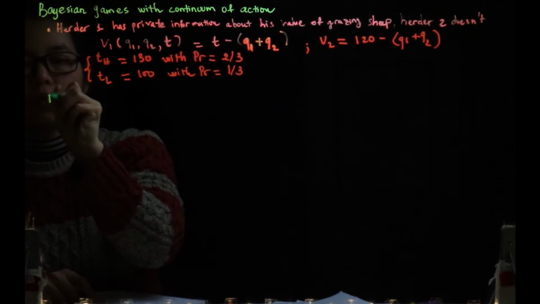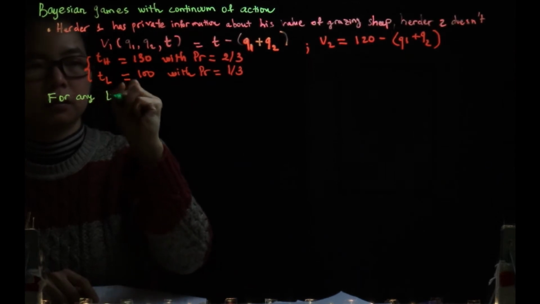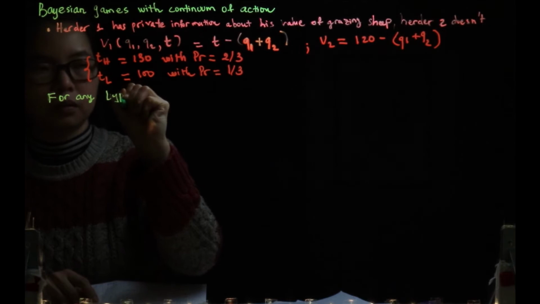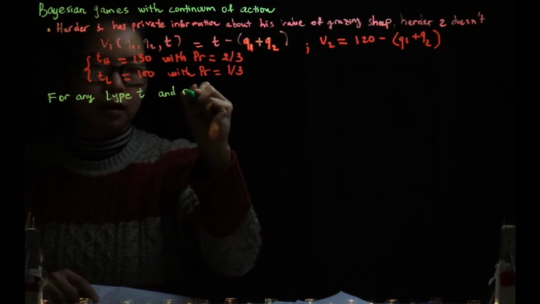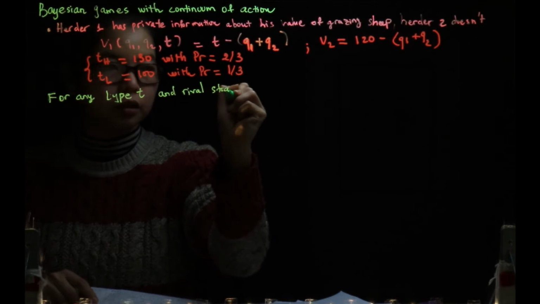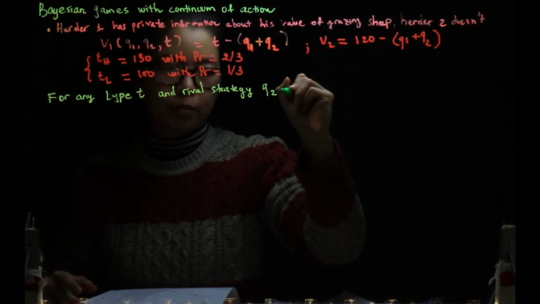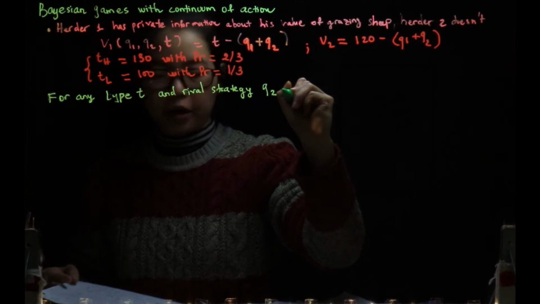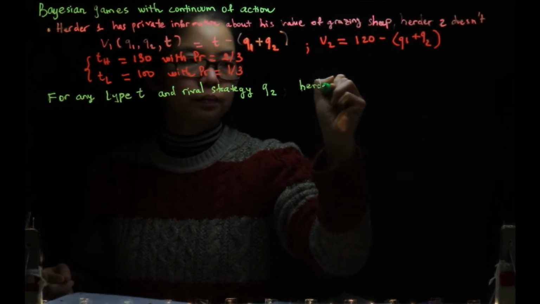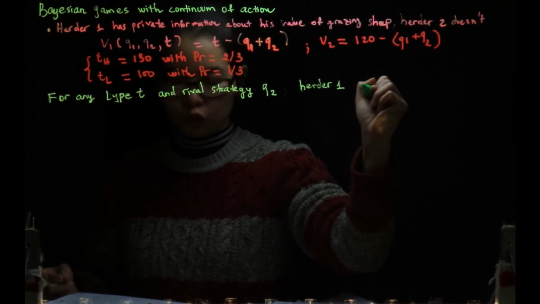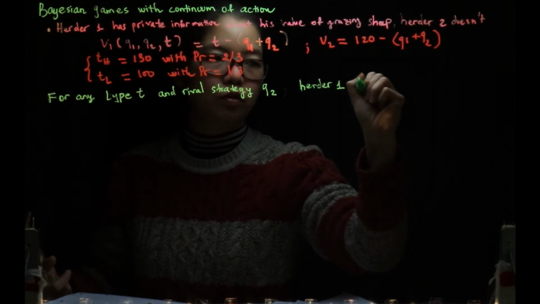So for any type t and rival strategy, q2, the number of sheep that the other player wants to have, herder one would want to maximize the total value he gets, which is the best response function also.